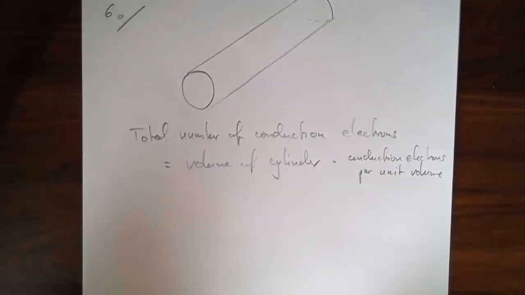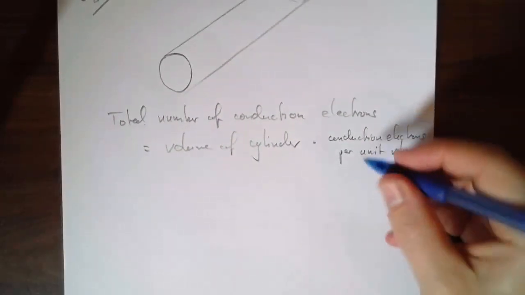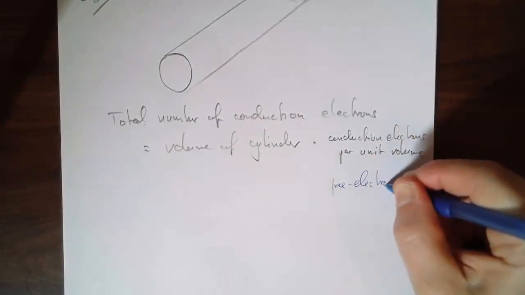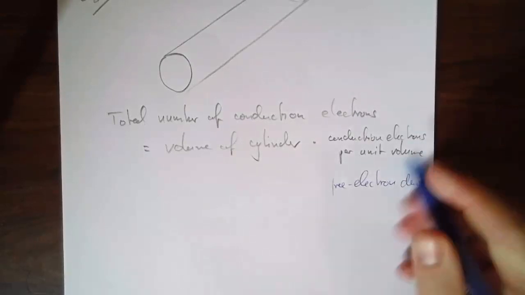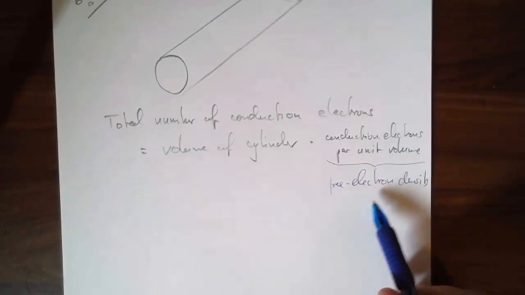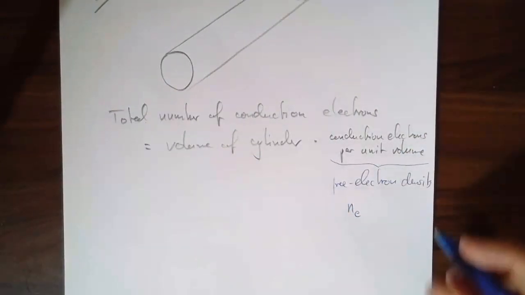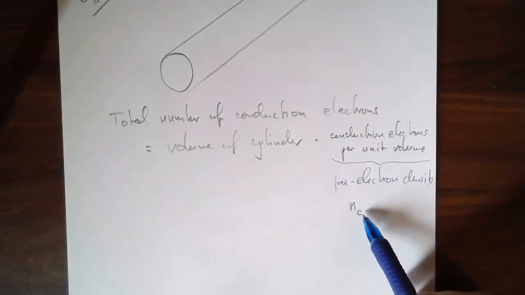So this quantity here is essentially a conduction electron density, or the free electron density. The density of free electrons. And this is a number you just look up for different materials. This is Ne, that quantity, if you remember that from the video I made, for example.